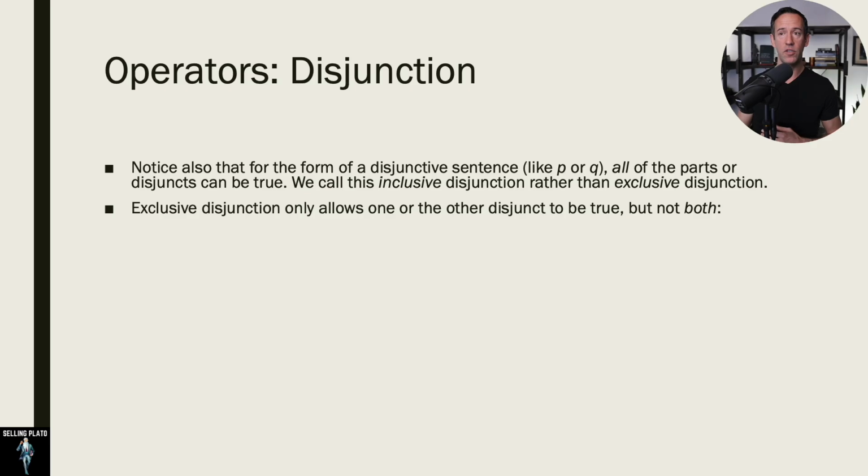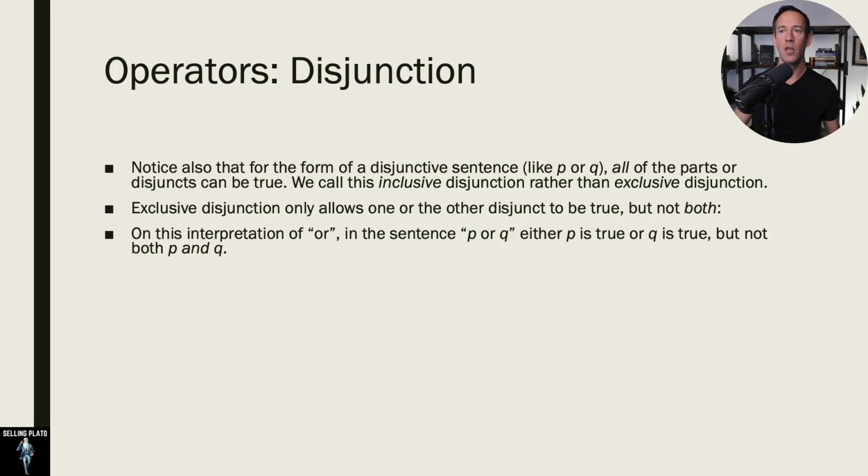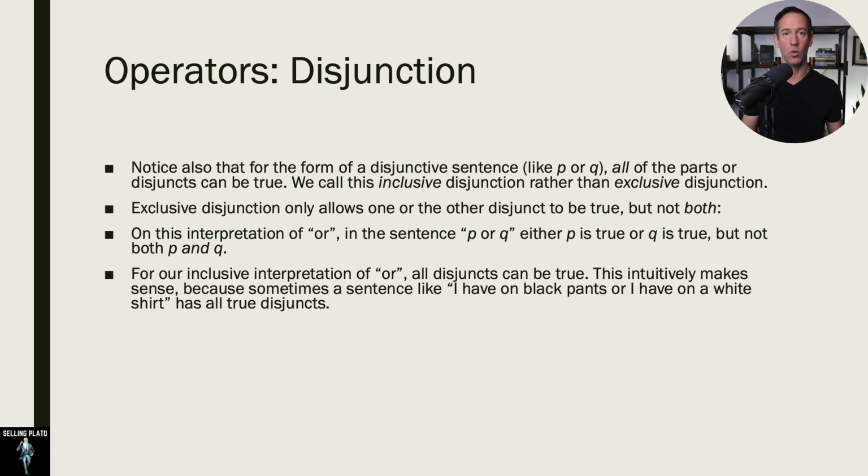On this interpretation of or, in the sentence P or Q, either P is true or Q is true, but not both P and Q. That's exclusive disjunction. That's not going to be the interpretation of or that we're going to go with.